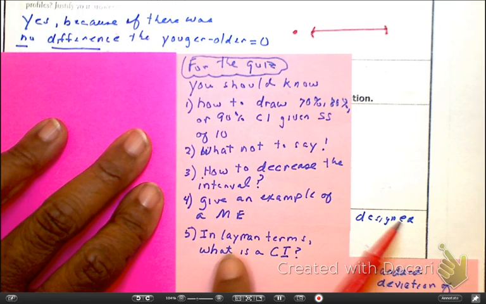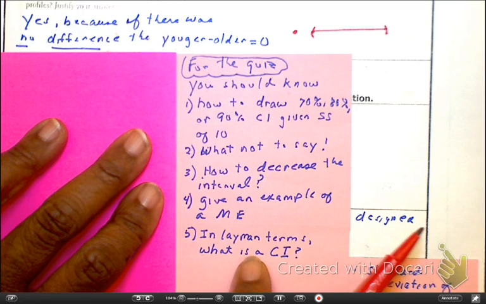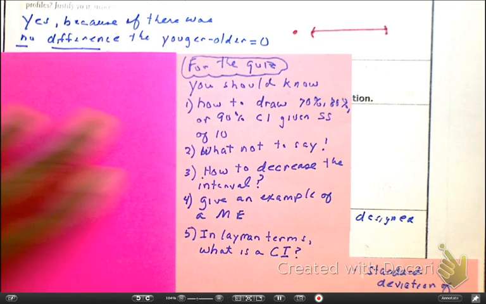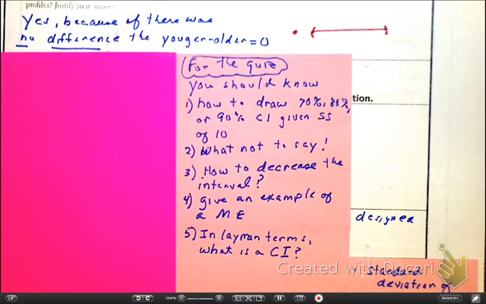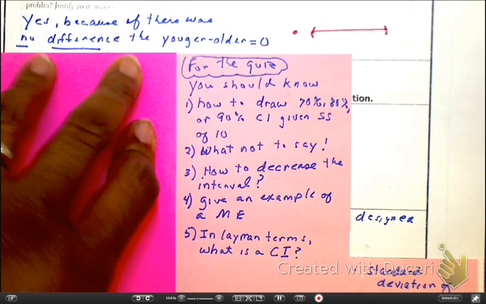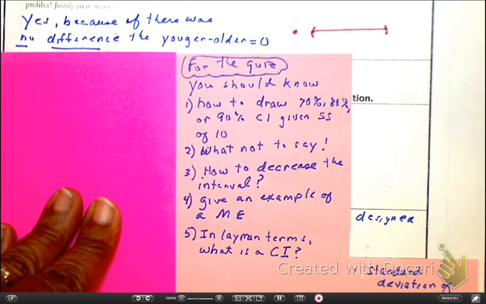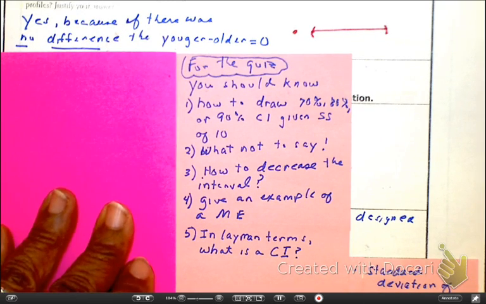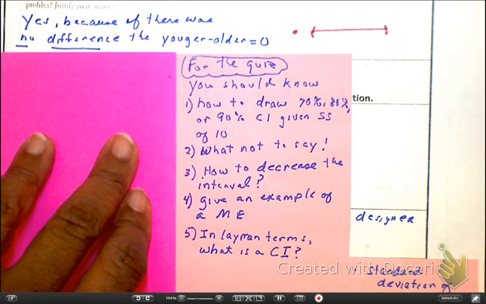In layman's terms, what is a confidence interval? Don't go and say we are 95% confident that the true mean value. What the heck is that? They're not a layperson. You tell that to your parents, they'll go, "What do you mean you're confident? How are you confident? Why are you sure about this?" And you go, "No, Mom, no, Dad. I'm not sure about it.